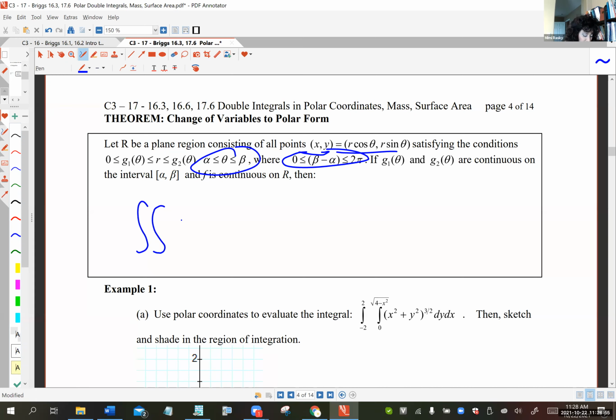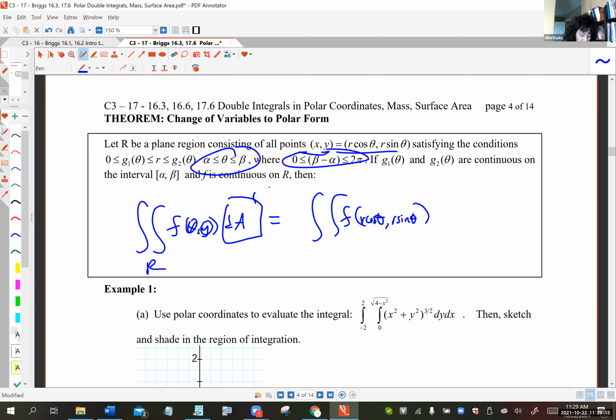Then a double integral that's given to you like this, that probably will be given to you in rectangular, can be converted to polar. Okay, so the x's and y's get replaced with r cos theta and r sin theta, respectively.